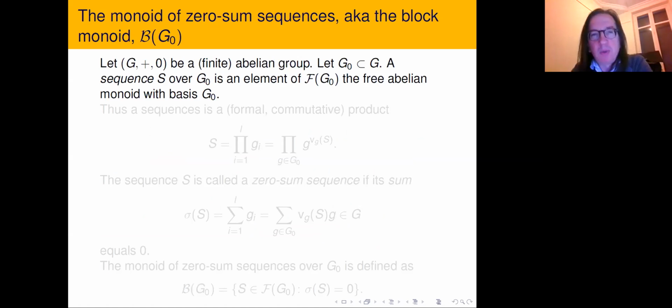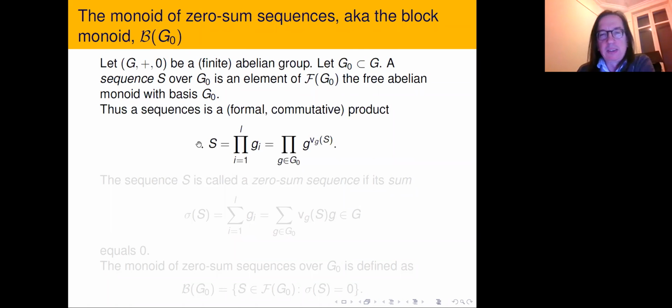So now more formally, what is a monoid of zero-sum sequences? We take a finite abelian group, and maybe we consider just a subset G_0 of G. A sequence S over this subset G_0 is an element of the free abelian monoid with basis G_0. It's common to use multiplicative notation for these sequences, so we write them as formal products.